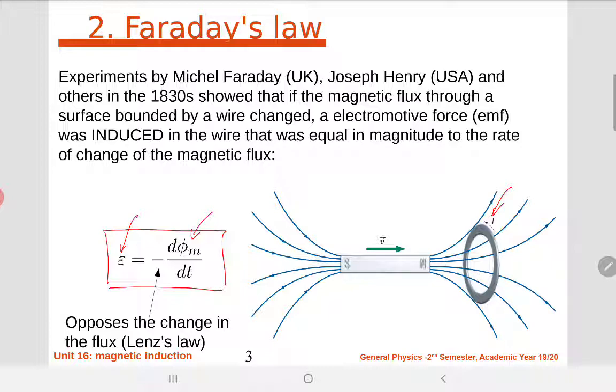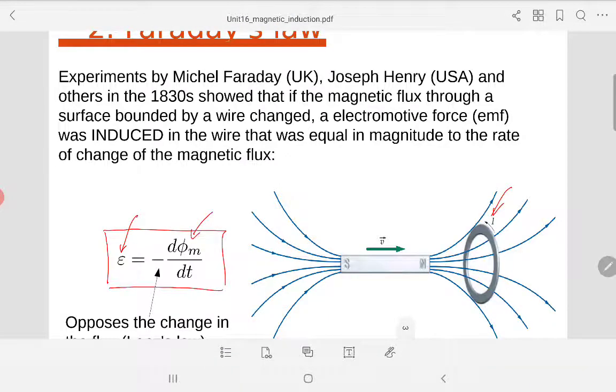We can move the magnet towards the ring. If we do so, the number of field lines that cross the surface bounded by the ring will increase. So that will change the magnetic flux across this bounded surface. It will increase the magnetic flux.